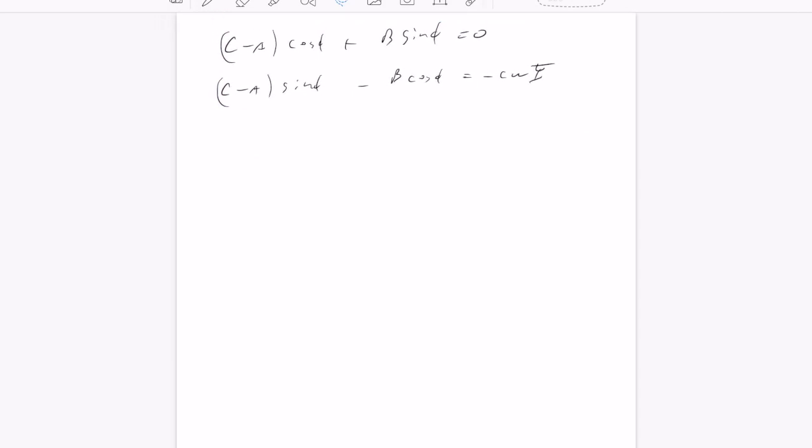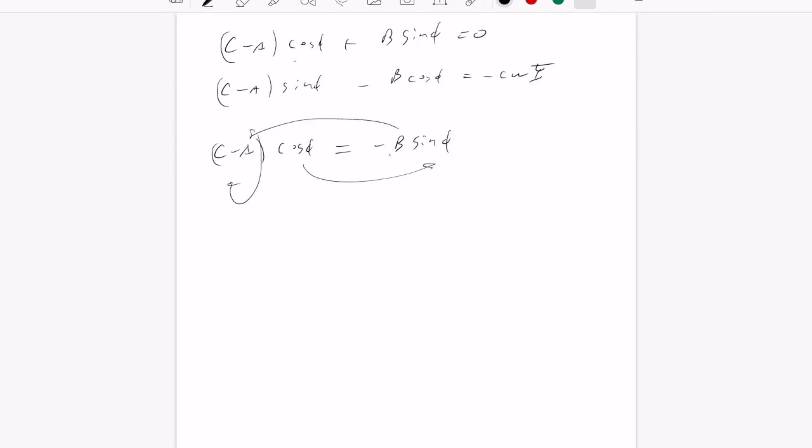Let's start with this one right here and solve to get our phase angle. c minus a cosine phi equals negative b sine phi. Okay, and then take the cosine over, and this b over.